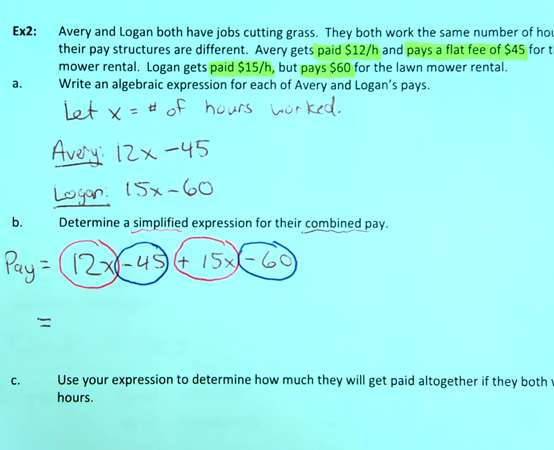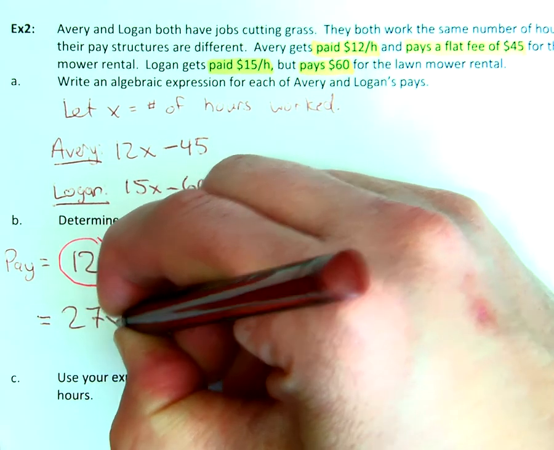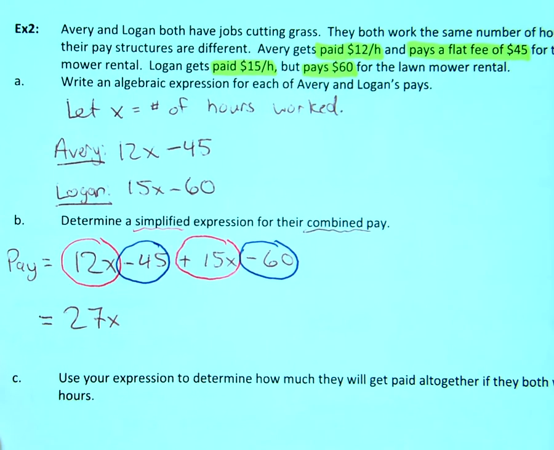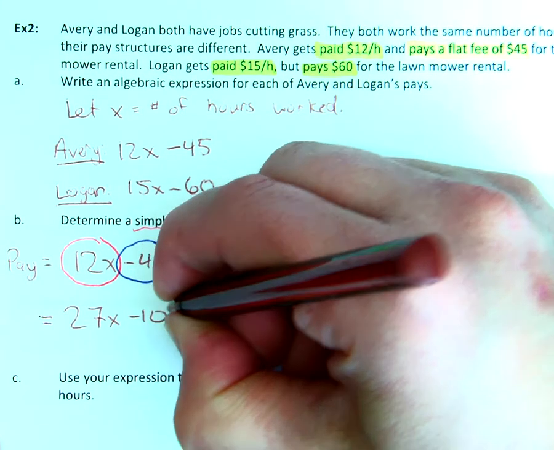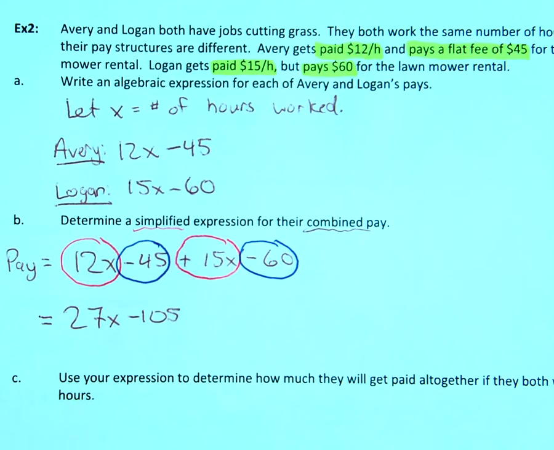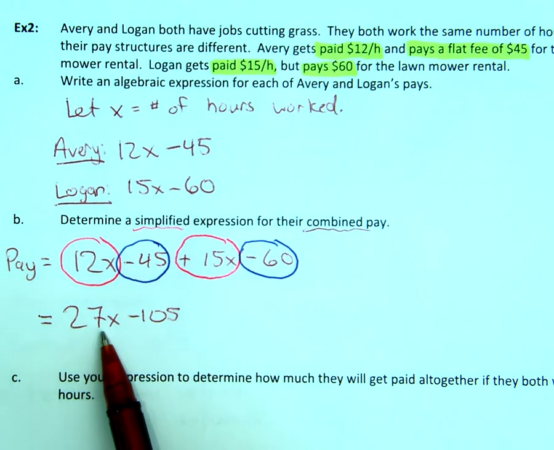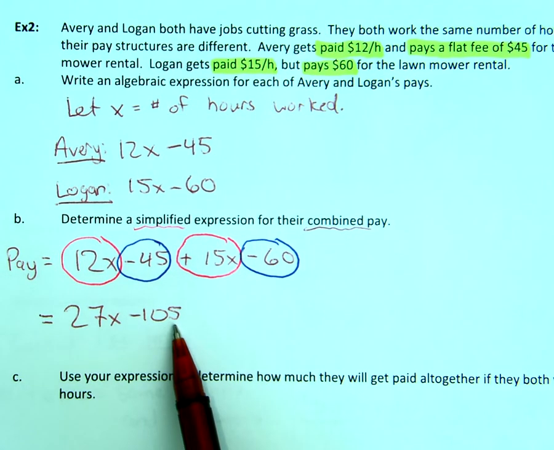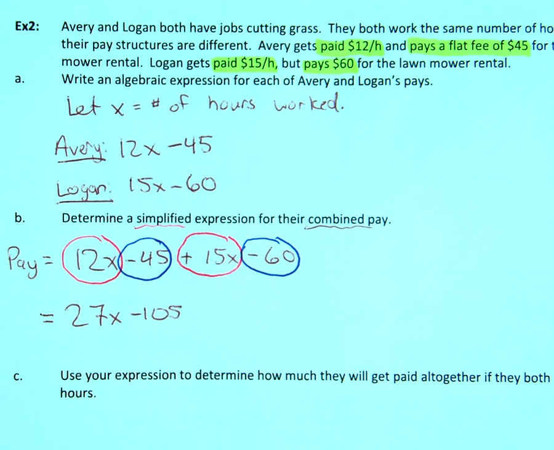So when I work that out, I'm going to have 12x plus 15x, which is 27x. Negative 45 minus 60 would be negative 105. That's as simple as I can go. I can't put the x's together with the terms that don't have an x. So that's as far as I can go.